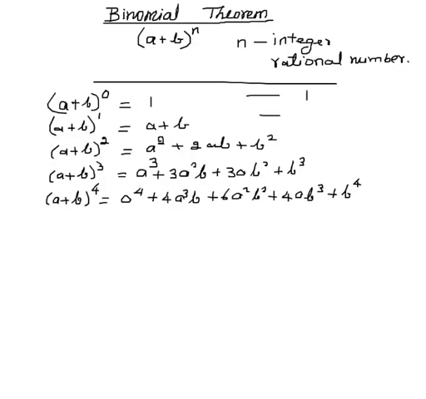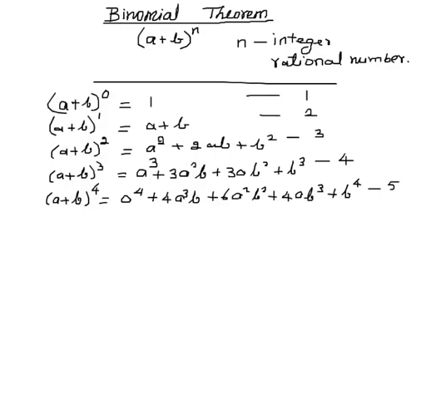And for power 1, the expansion has two terms. If the index is 2, it has 3 terms. If the index is 3, it has 4 terms. For the index 4, we have 5 terms. We have one more term than the index. So in general, (a + b) raised to n will have n + 1 terms in the expansion.